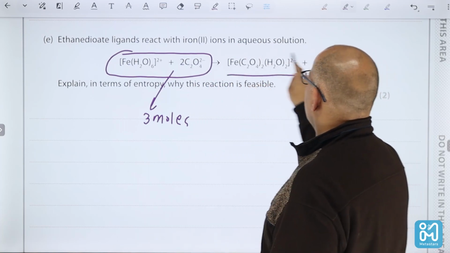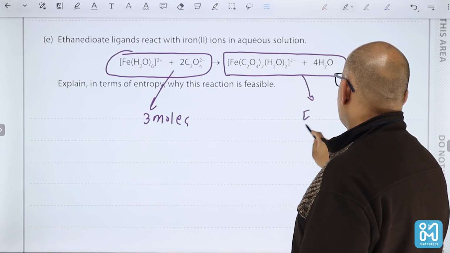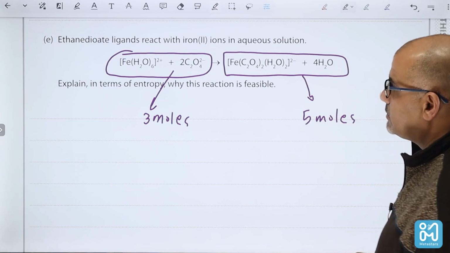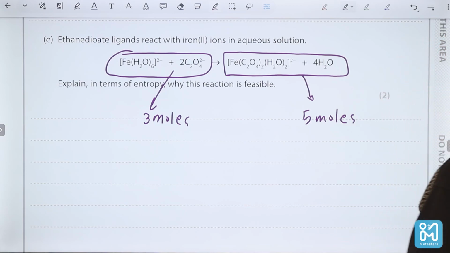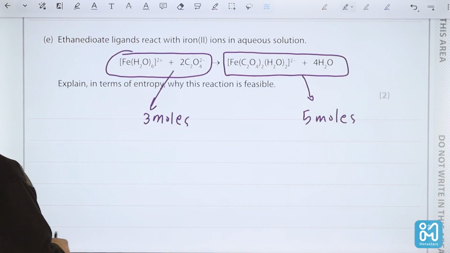But here we have 4 and 1. They are 5 moles. So you can explain that we have more particles, and the delta S of the system increases, and this makes the reaction more thermodynamically feasible.